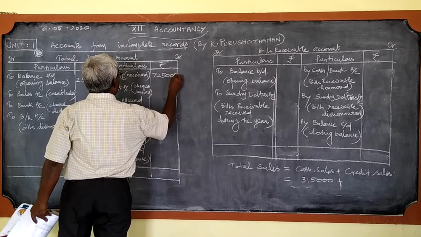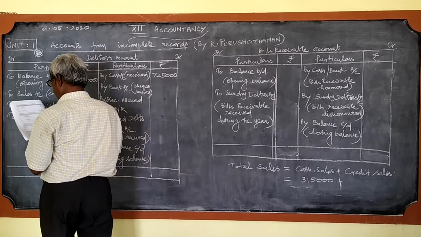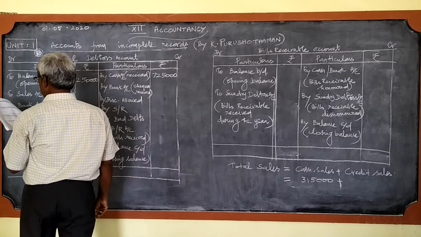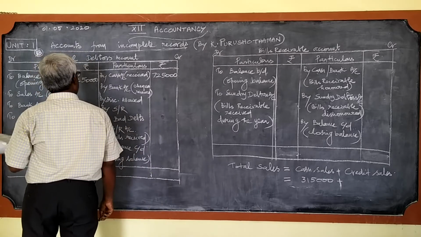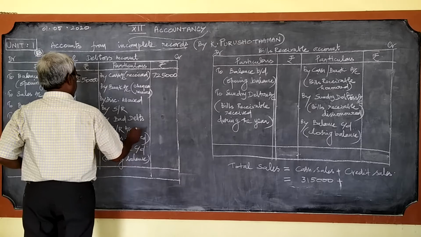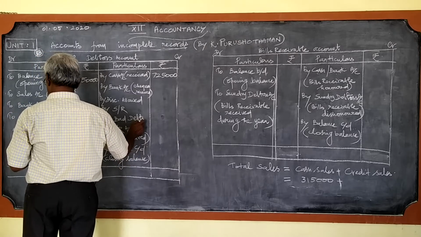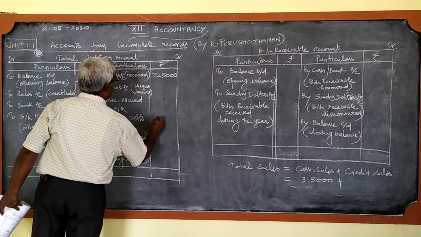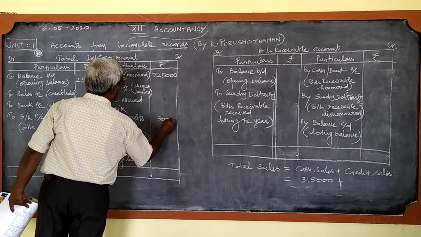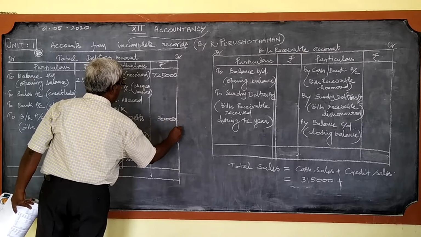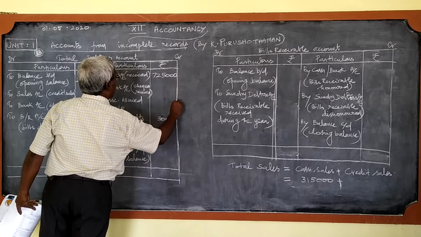Yes, this is the correct figure. Then the next relevant item for this format is bad debts 30,000.